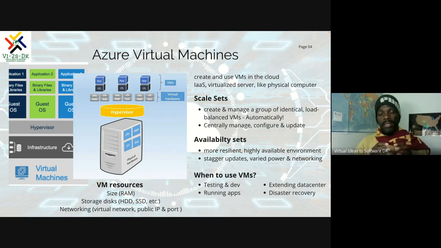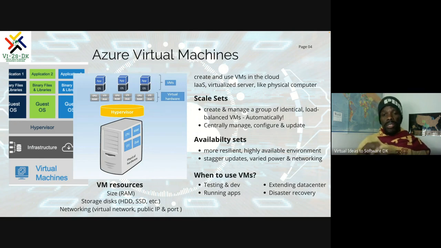So scale sets is when you have identical virtual machines that are created for you automatically. Because you're on the cloud, you have that scalability, right? So if you have more traffic coming to your software or you need more resources, you go ahead and create an identical set and then you scale automatically. That's how you create a scale set.